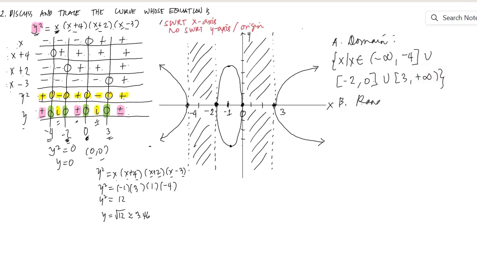While for our range, as we can see here, we have all the values for the positive and negative y. So this only means that any value of y, such that y is an element of the real numbers.